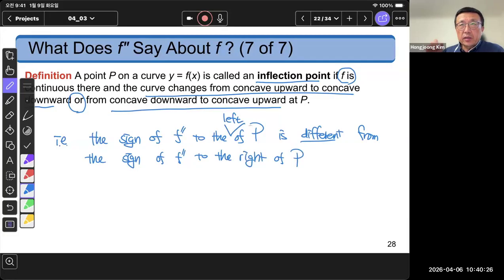Then we say this p is called an inflection point.